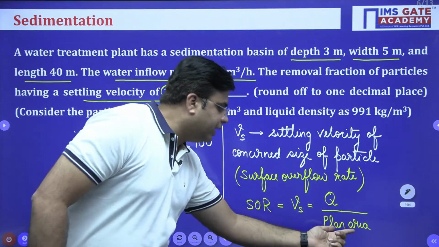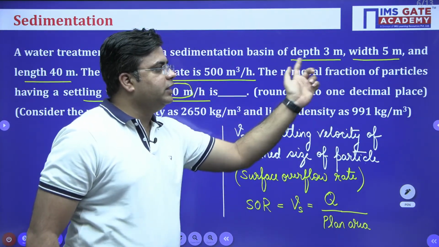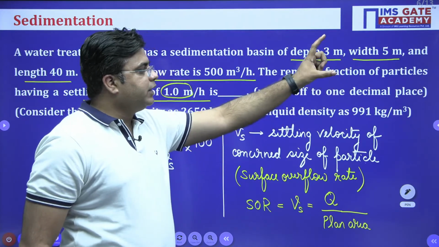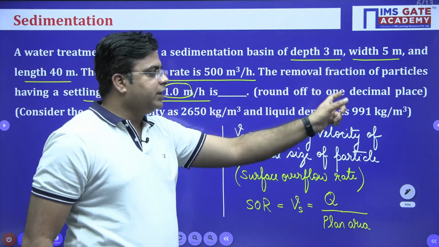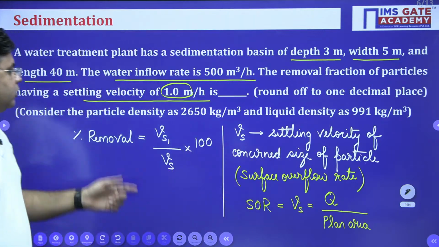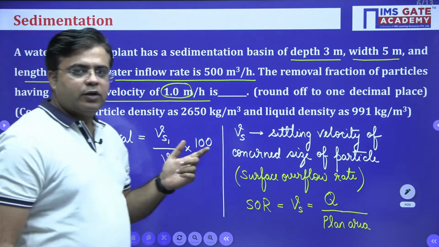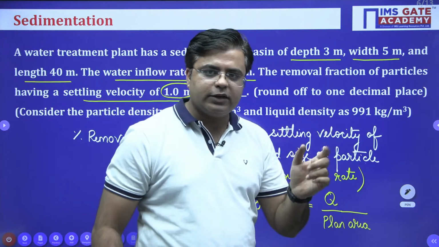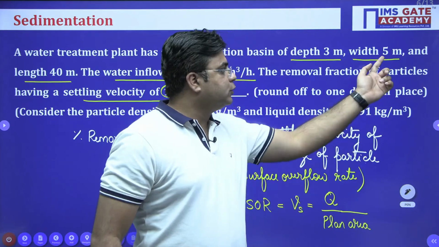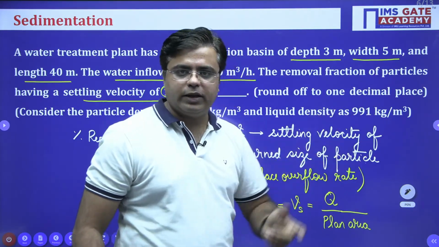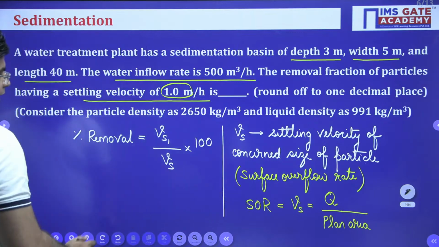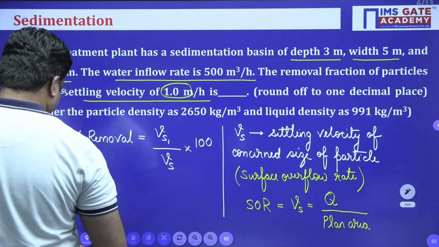Even the plan area we know from these dimensions. Depth of the tank is 3 meter, width is 5 meter, and length is 40 meter. So plan area will be width times length: 5 meter by 40 meters. From here we can calculate the surface overflow rate.